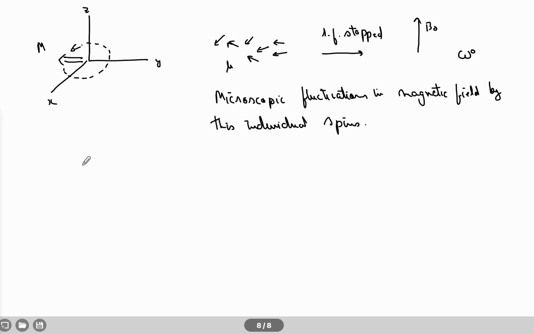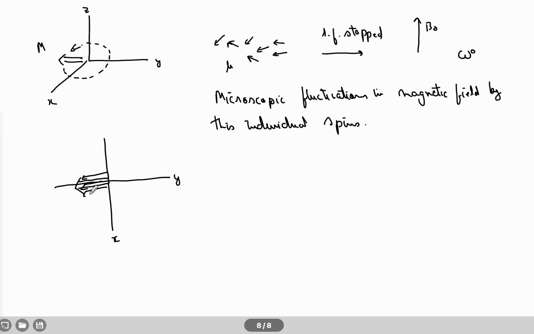Some of them lose their frequency. So in that situation, let me just draw the projection in the 2D plane. I'm looking from the top, so I'm just drawing XY. Now this is my bulk magnetic moment, and individual vectors are like this.